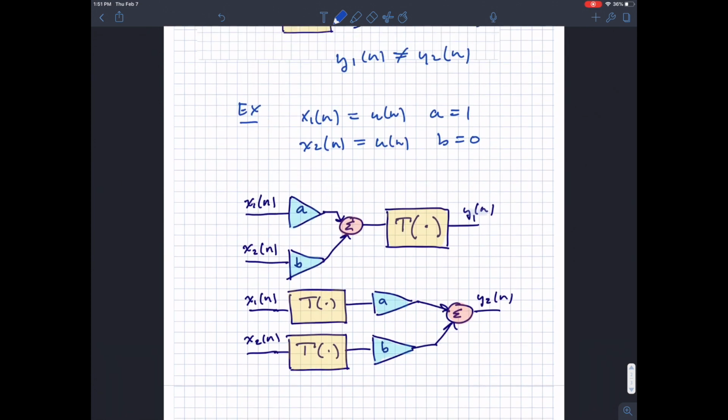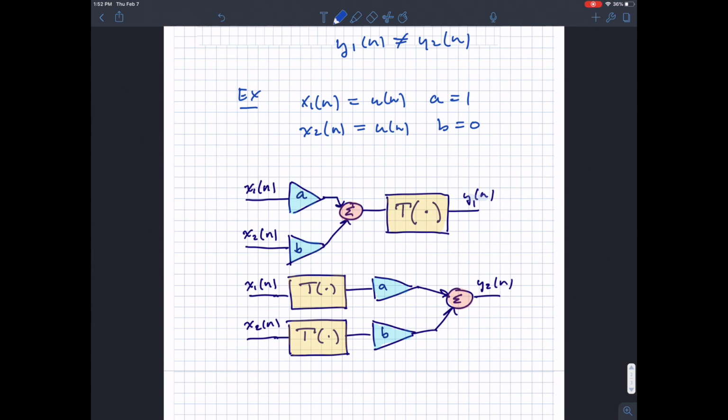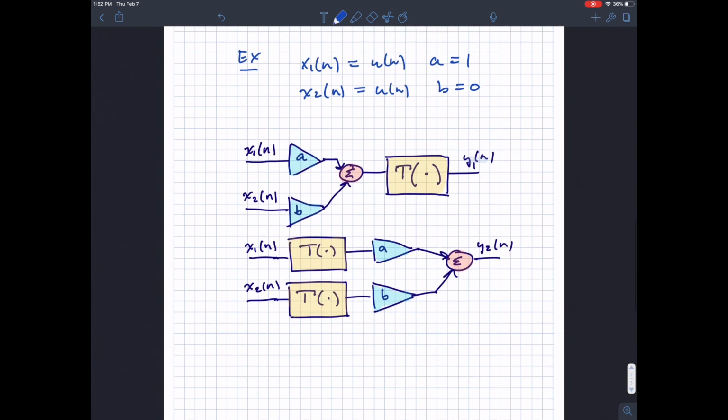Okay, let's now consider the same system, which I admit we already know is nonlinear. But I wanted to show you that it's possible to guess wrong. If you're just guessing signals, you could guess something that would seem to indicate that the system is linear. So let's take the example where x1 of n is a unit step, and x2 of n is also a unit step.